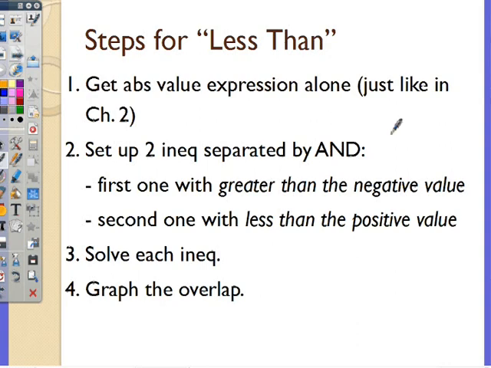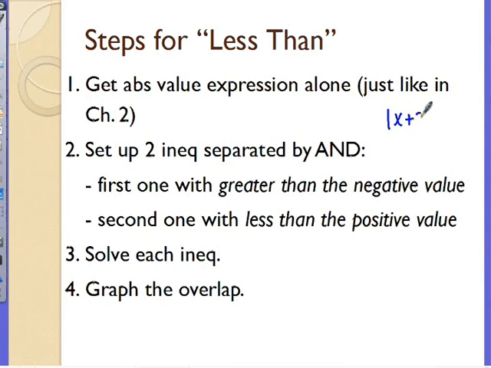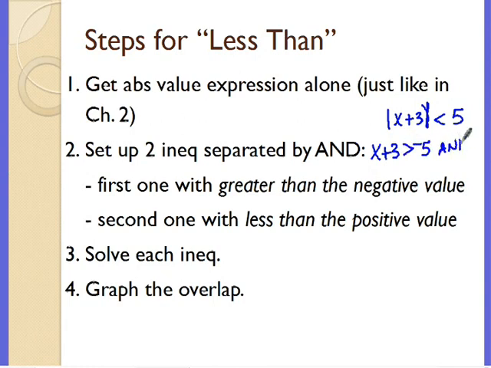So if I had a really simple one, like the absolute value of x plus 3 is less than 5, that means my two inequalities are x plus 3 greater than the negative, and x plus 3 less than positive. Notice the second one is exactly the problem, with no absolute value bars, and the first one is the flip. Flip the symbol, flip the sign. Solve each of those inequalities, and then graph the overlap. We've got 2 examples on this, and then we're done.